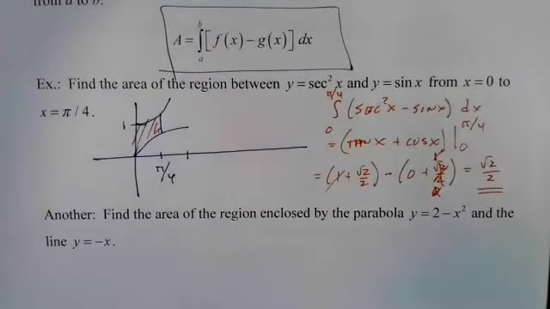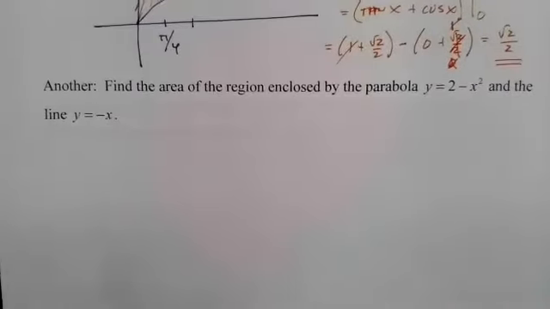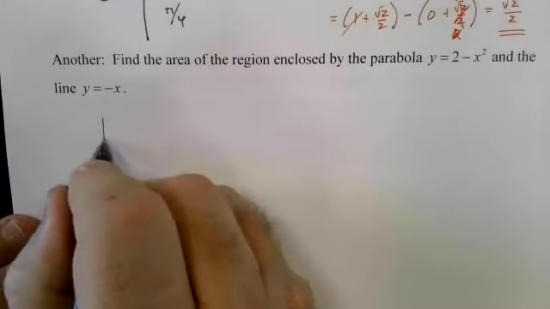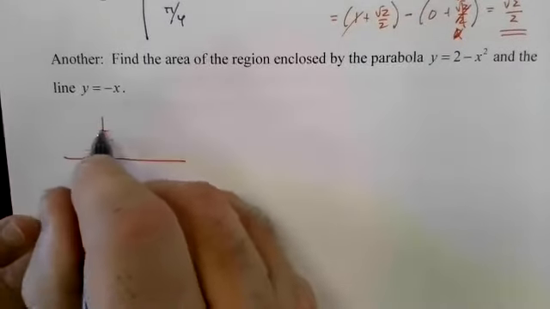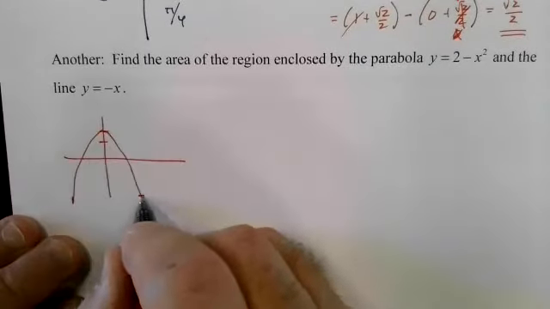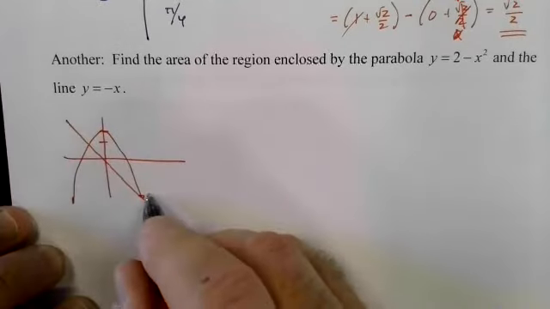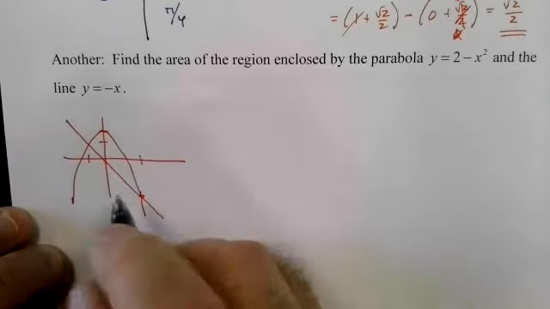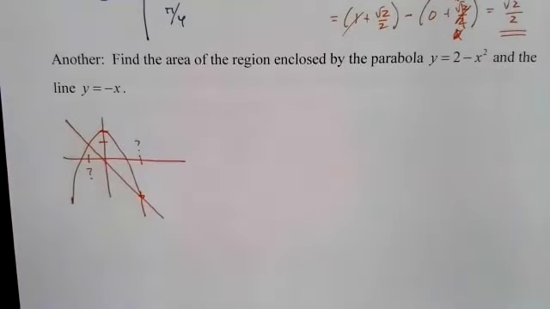All righty. Keep going. 2 minus x squared and negative x. 2 minus x squared, negative x. Problem. Where's it hit?